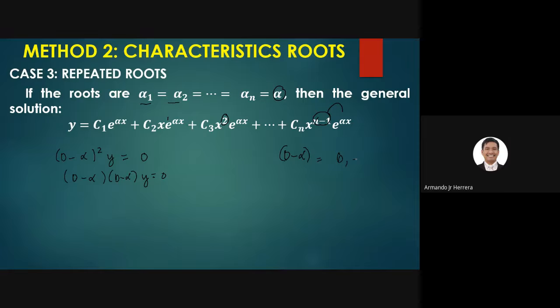So I have D1 equals alpha and D2 equals alpha. So let q be D minus alpha y. So that's dq dx plus q times alpha is equal to 0. So our integrating factor is e raised to simply alpha x, so this is negative, so we have negative alpha x.